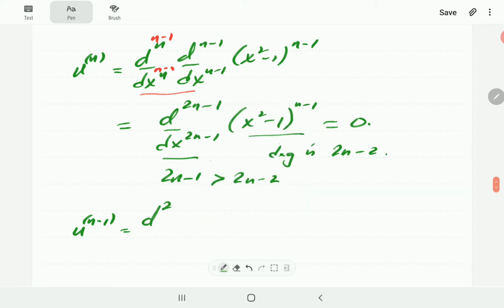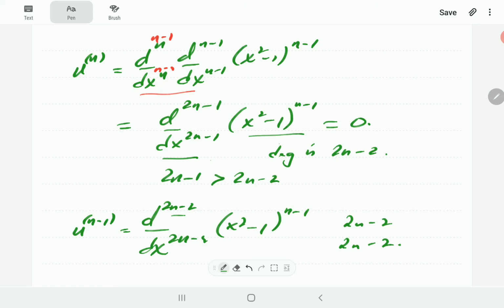This is going to be 2n minus 2, x squared minus 1 to the power n minus 1. So this time these two are going to match. The order of the differentiation is 2n minus 2. The degree of the polynomial is 2n minus 2.